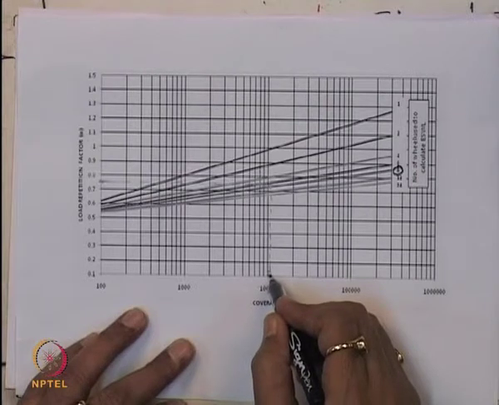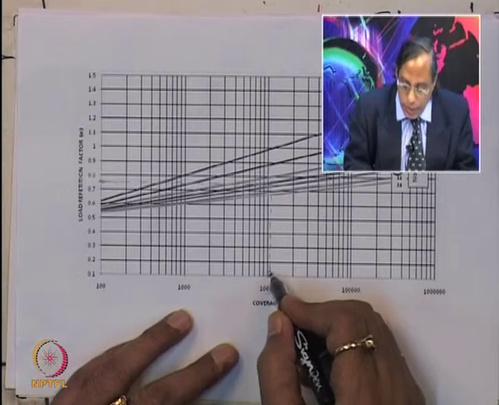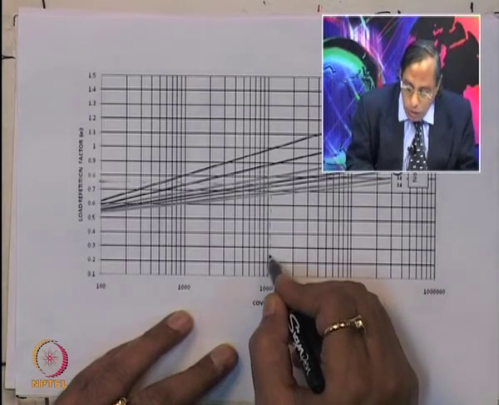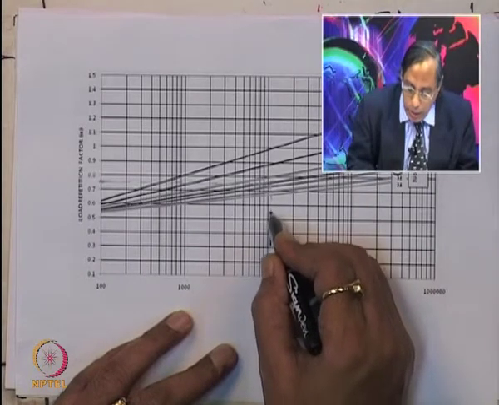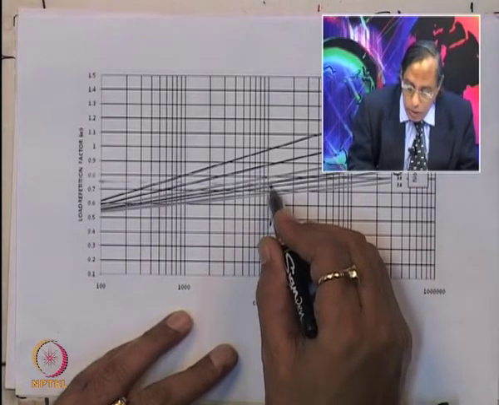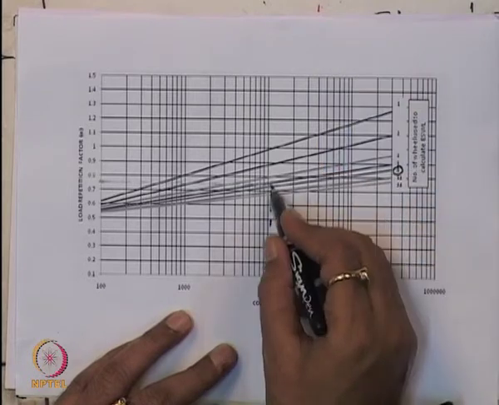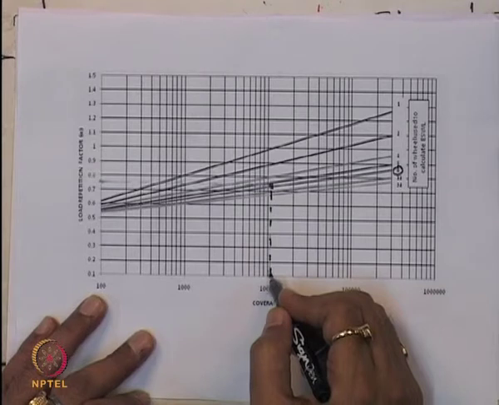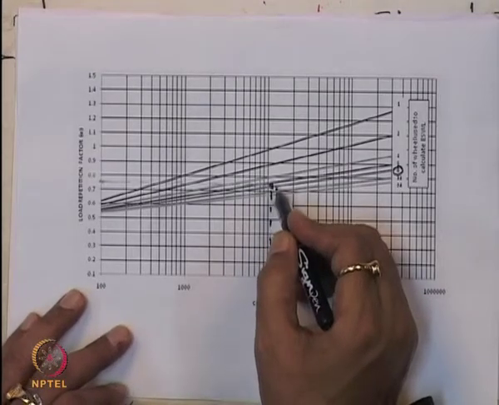So it is somewhere here. So, knowing the coverage, we know the number of wheels.